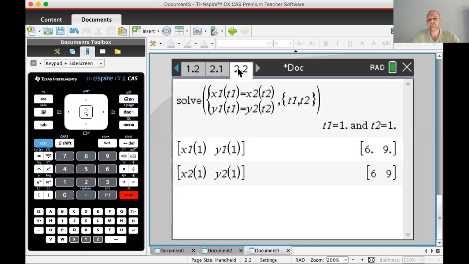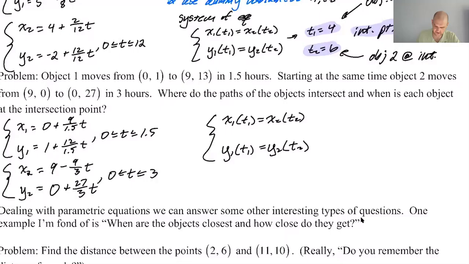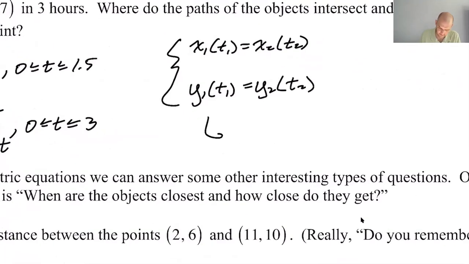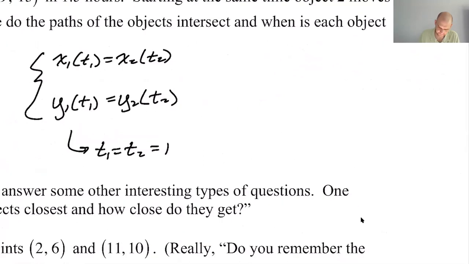The time is 1, they both get there at the same time, and the intersection point is 6, 9. They crash. This is not great for them. So these two objects have crashed. So this will give me T1 equals T2 equals 1. And then if I do x1 of 1, y1 of 1, that equals x2 of 1.